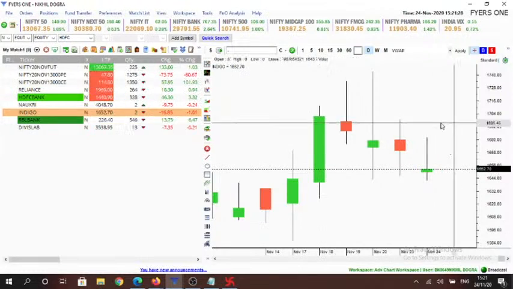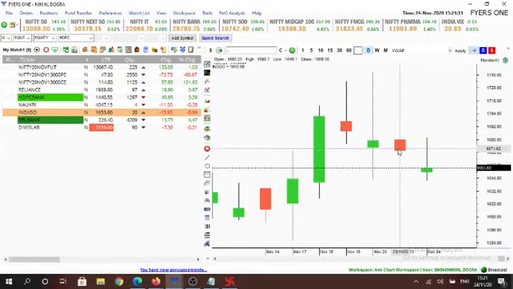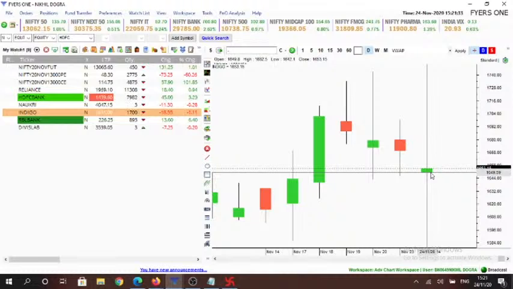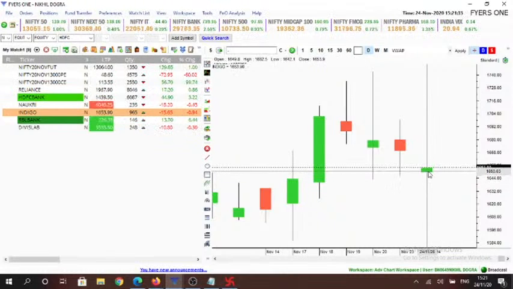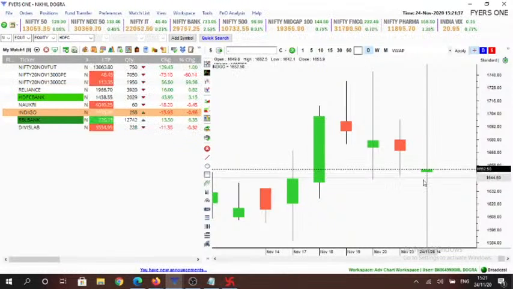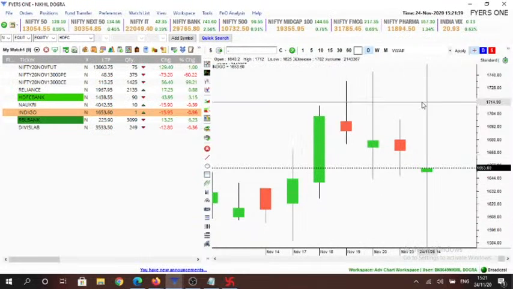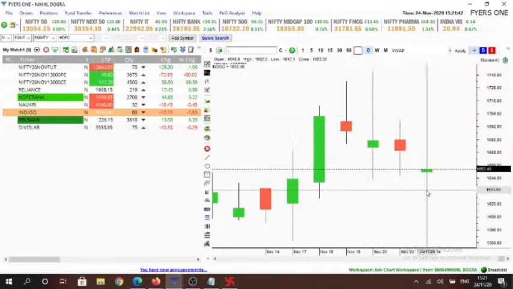We have to see that even though this is an inside candle, we are currently under control of buyers above 1649 levels, but we have to remember that this inside candle has broken to the downside.